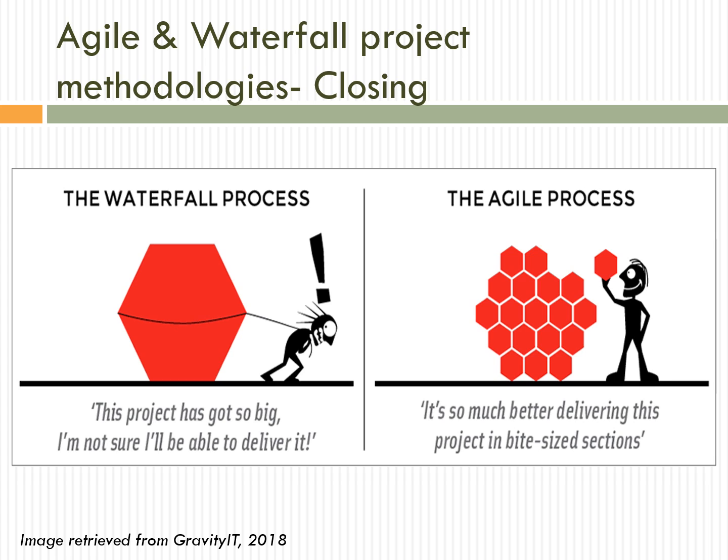You're taking those chunks and delivering them in smaller bite-sized sections. The overall team morale is usually much more positive, and Agile has definitely been much more helpful from a software or application development deployment pattern for me.